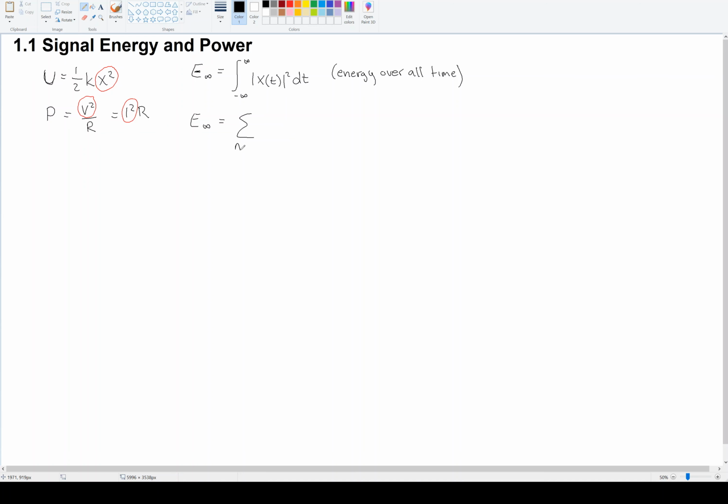What we're going to do in discrete time is just sum from minus infinity to plus infinity of the square of the magnitude of the signal. And so this is how we will define energy in a signal over all time. Again, we're not really interested in units, so we're leaving off all these proportionality constants.